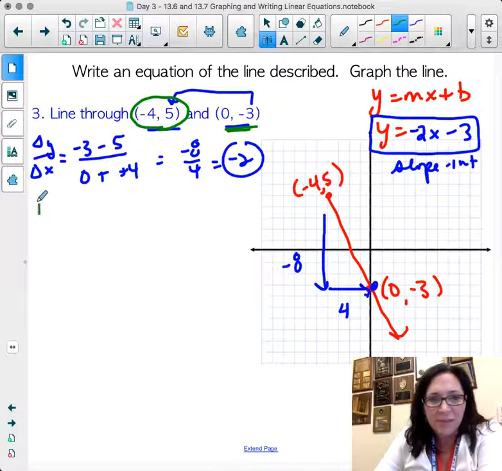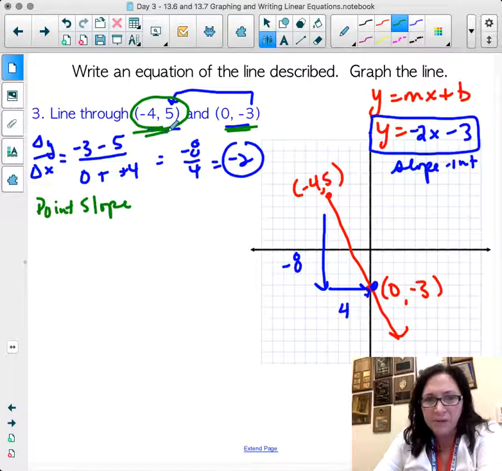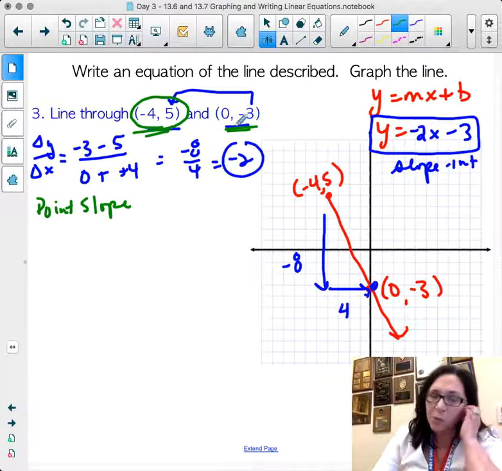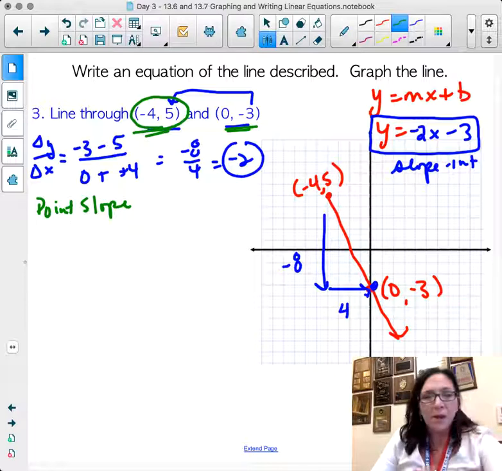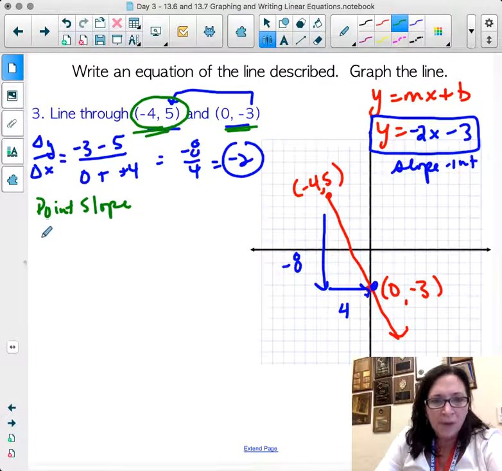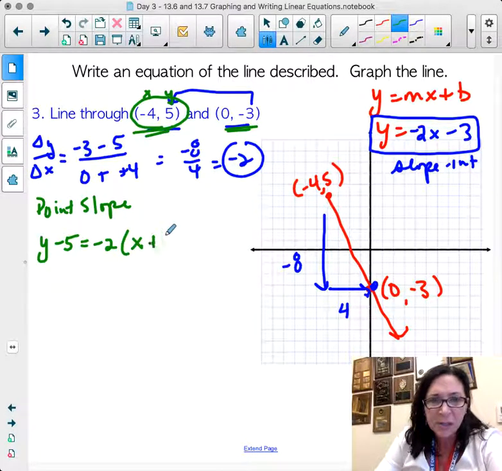So I'm going to put this in point slope form, okay? Because most of the time, if they give you a point or 2 points, you can put it in point slope form. So we have y minus 5 is equal to, remember, this is with x, this is with y. So y minus 5 equals negative 2 times x plus 4, point slope form.